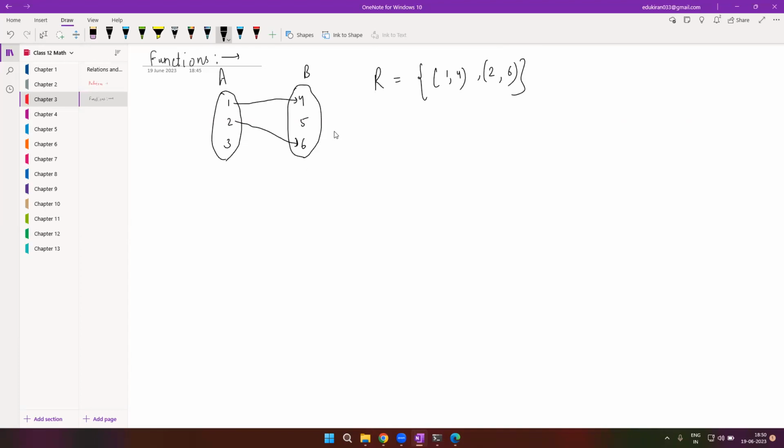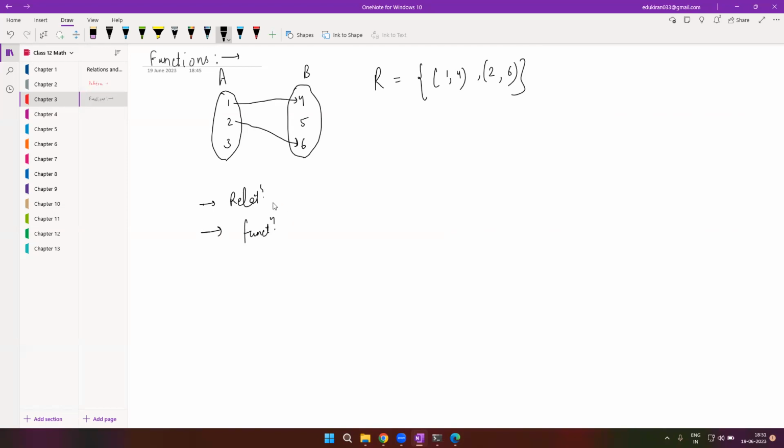Okay. Now understand the difference between relation and function. So when I connect these two sets, right, they form a relation always. They will always form a relation. But are they forming a function? I mean, two sets can be connected through two rules, either through the rules of relation or through the rules of function.